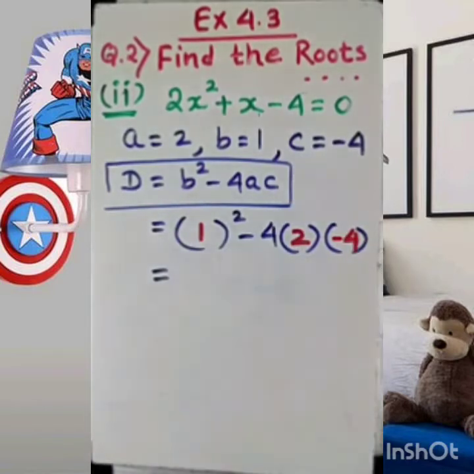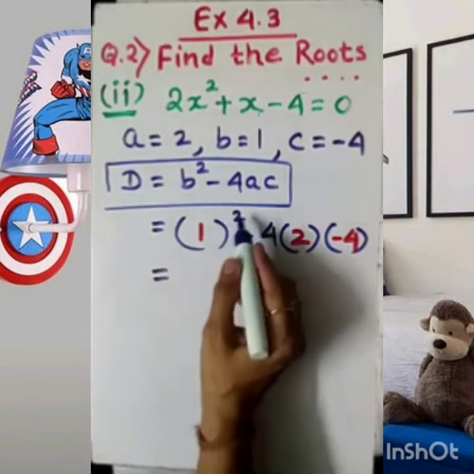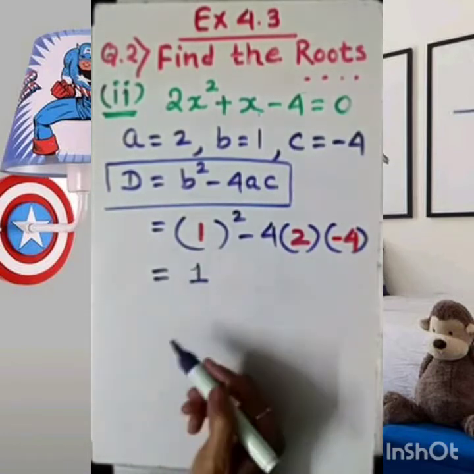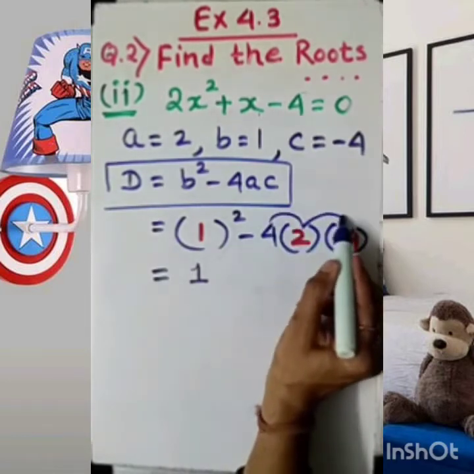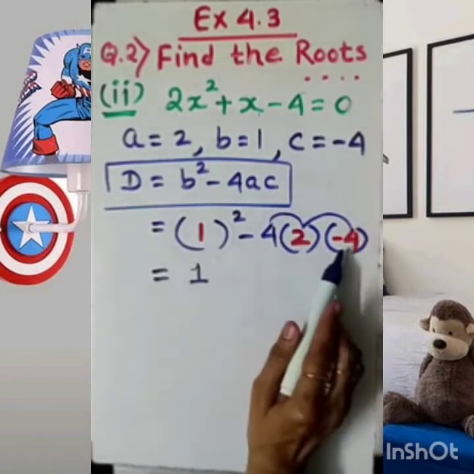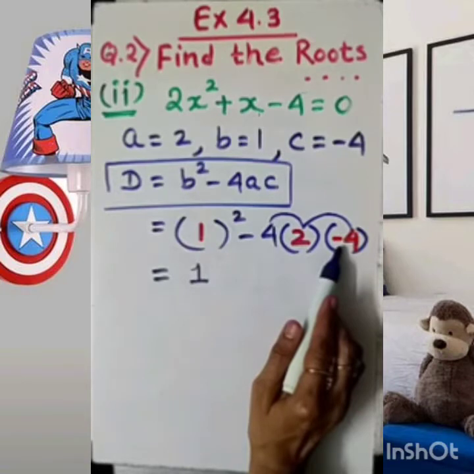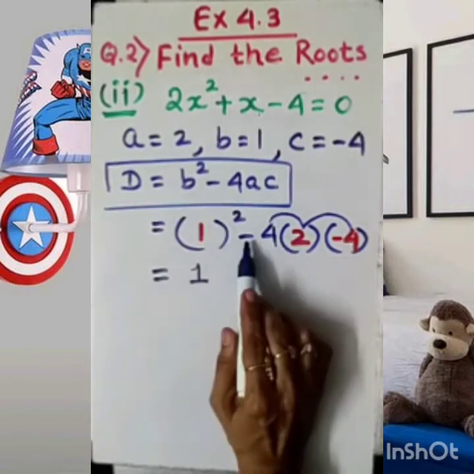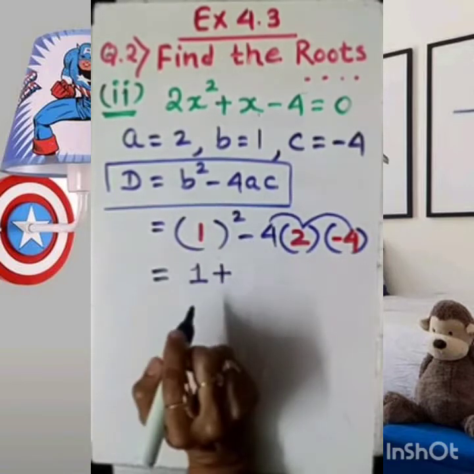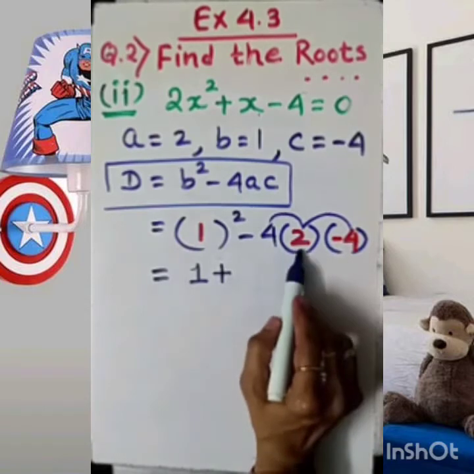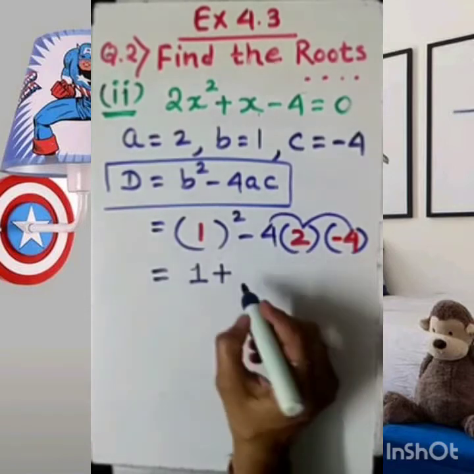Carefully note down the values. Next step, 1 square is 1. While multiplying, all these are in multiplication, and because of this minus sign, minus minus becomes plus. 4 times 2 is 8, 8 times 4 is 32.